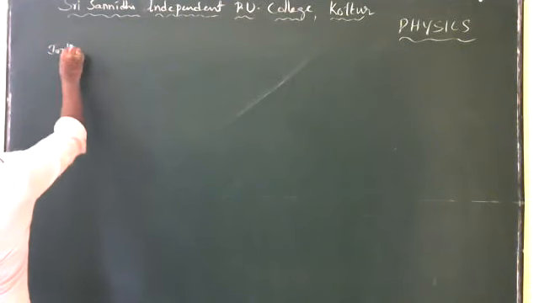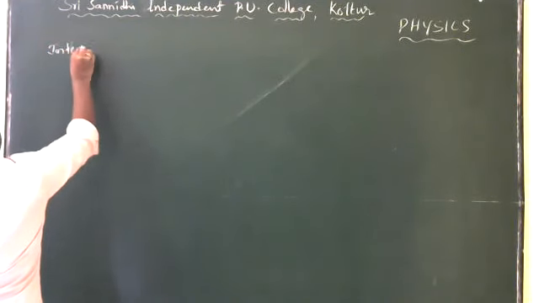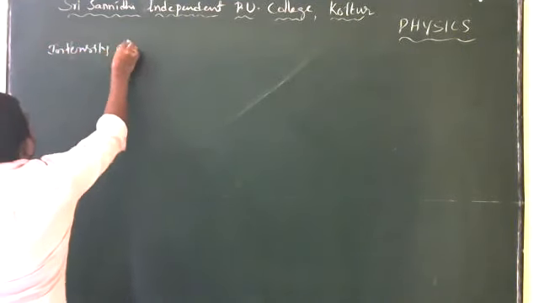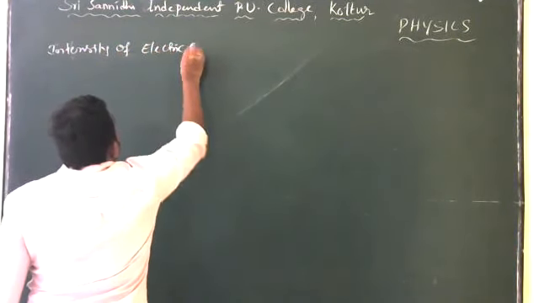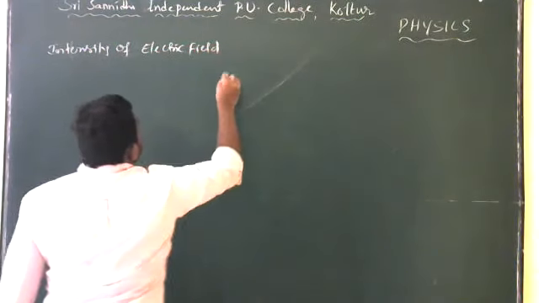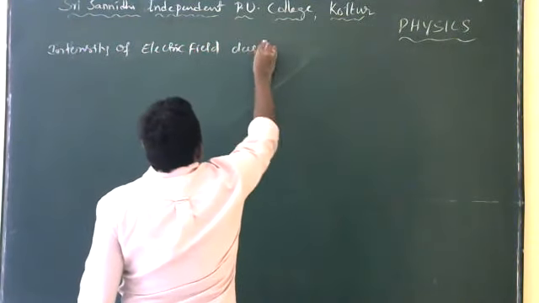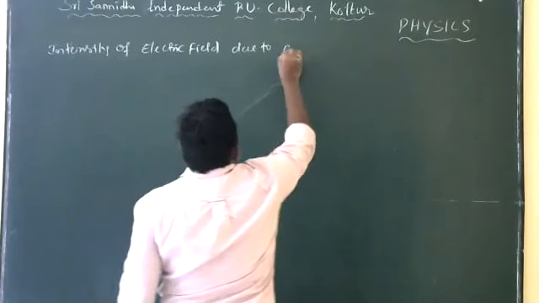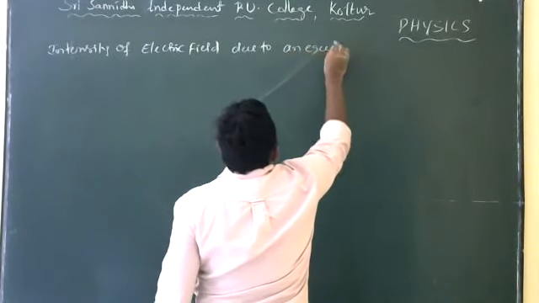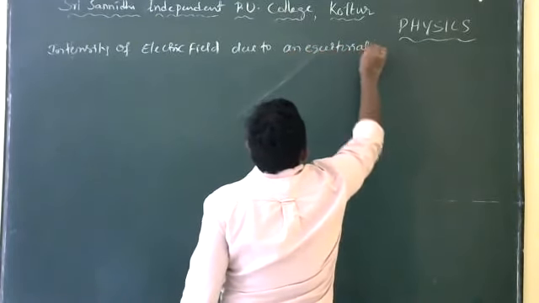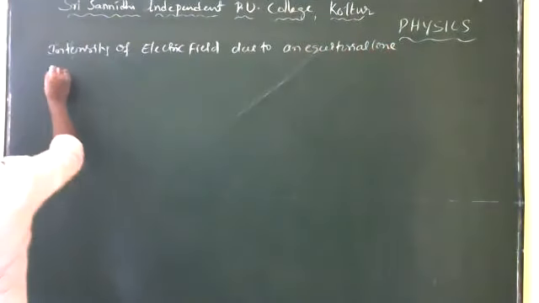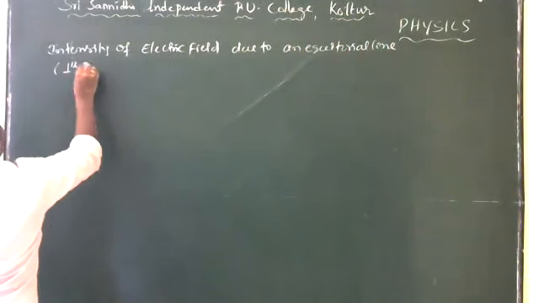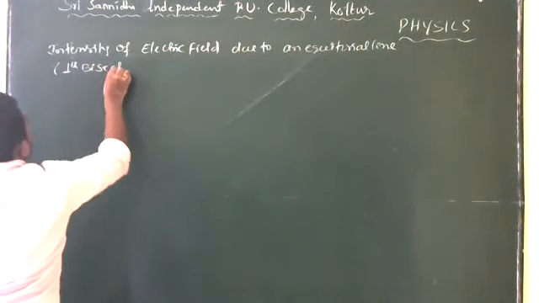Intensity of electric field due to an equatorial line. So equatorial line means perpendicular bisector.